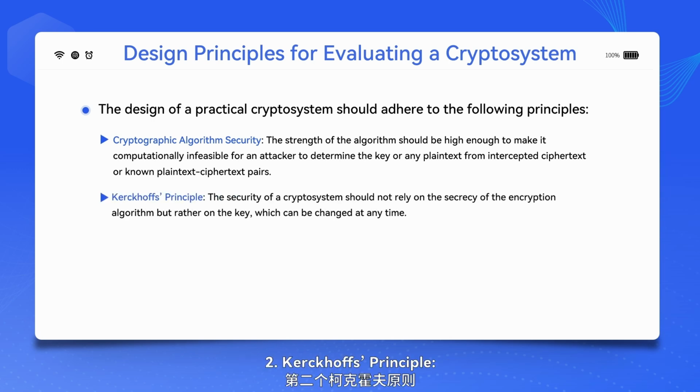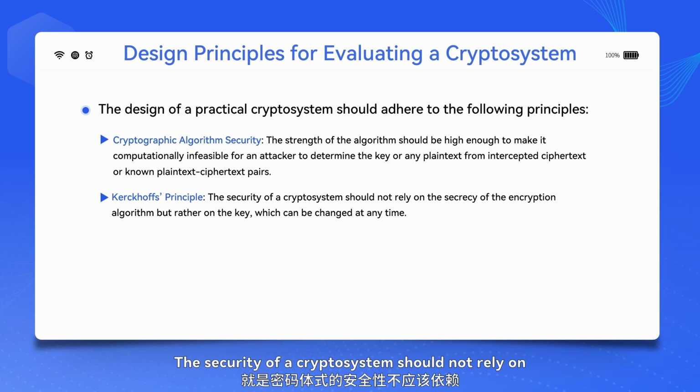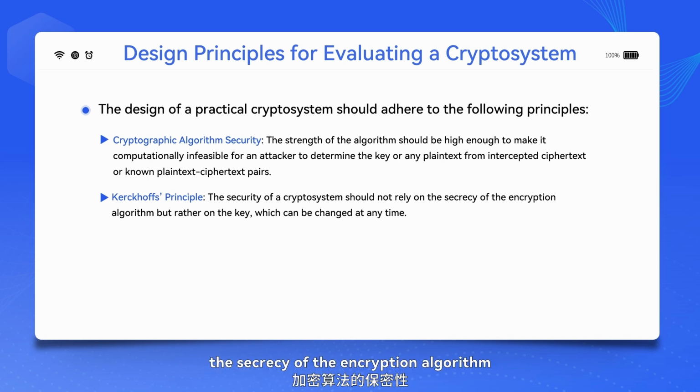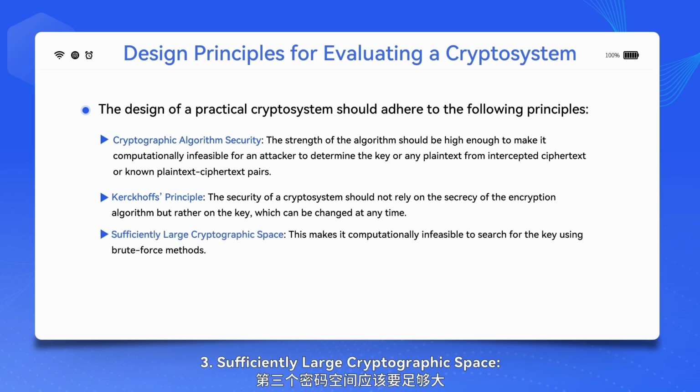2. Kirchhoff's principle. The security of a cryptosystem should not rely on the secrecy of the encryption algorithm, but rather on the key, which can be changed at any time. Since the 1970s, this encryption principle has been the foundation of most cryptosystems, focusing on the key rather than the algorithm itself. 3. Sufficiently large cryptographic space.